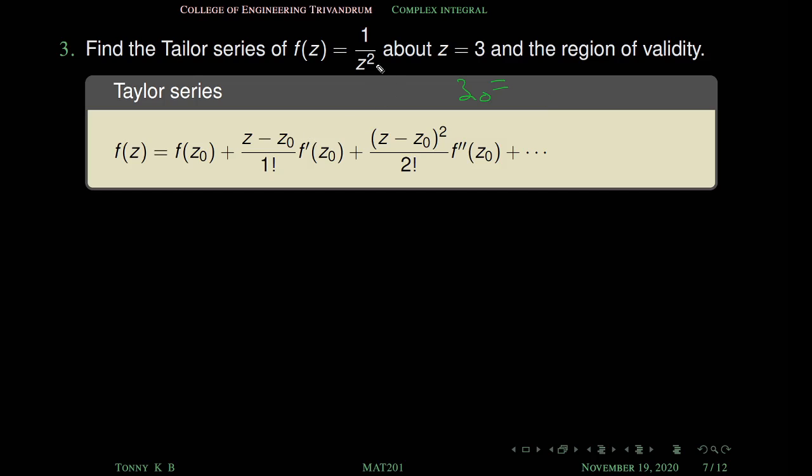So the Taylor series of this function about 3 contains z minus 3 and its powers. It's a power series expansion containing the terms z minus 3 and its powers, right?